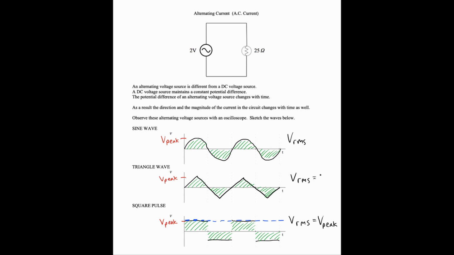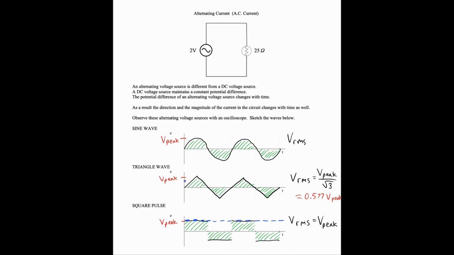It turns out to be the peak divided by the square root of 3, which is approximately 0.577 of the peak value.